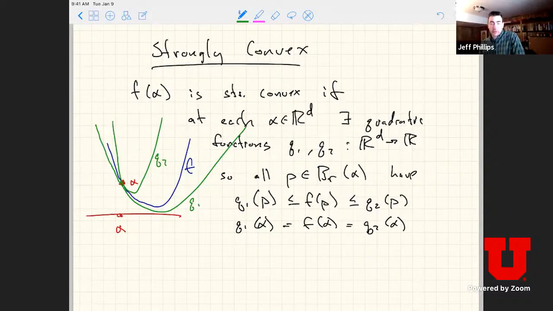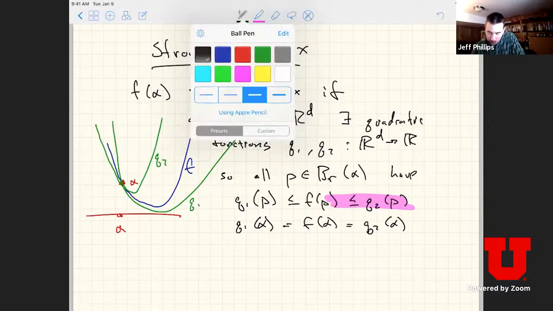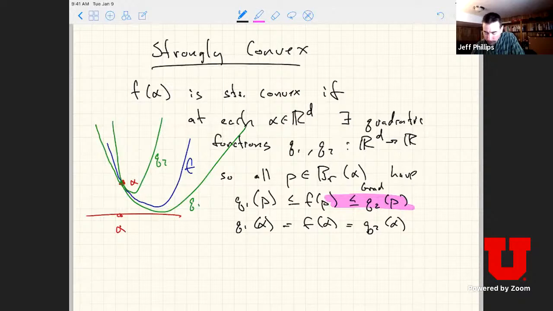The Q2 function has to do with the gradient being L-Lipschitz, which means the gradient of Q2 effectively has a linear gradient, so it's bounded by this linear gradient function.